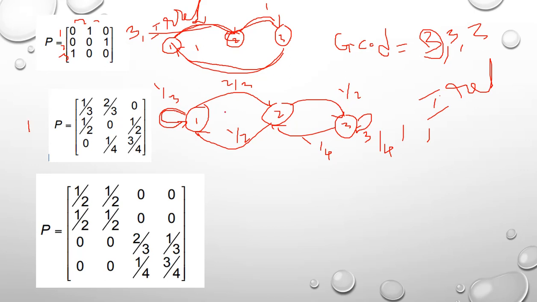For class 2 it takes 2 steps also. For class 3 it takes 1 step also. If you find the GCD, then the GCD is 1. So this is an aperiodic class, with period 1.